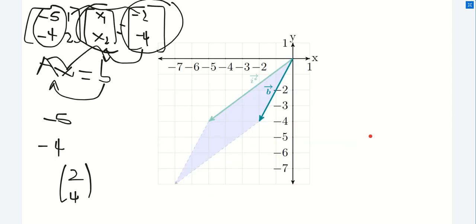So what we do is we pick the -5, -4, and pick the b, which is -2, -4. We pick this and we calculate the area.